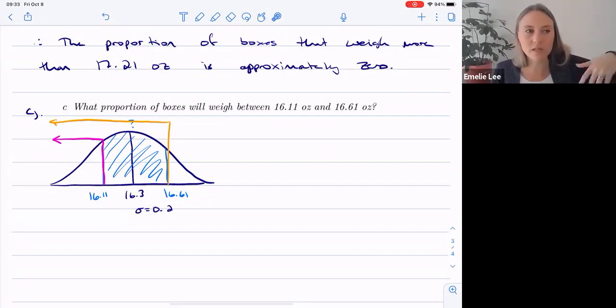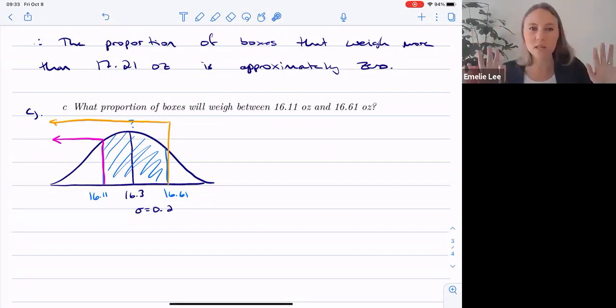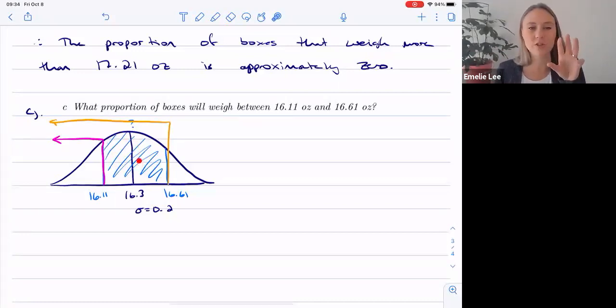You can treat them as puzzle pieces. Take the orange puzzle piece minus the pink puzzle piece, that's math for you. However your brain works, as long as all you're left with is this central area, then you're good.